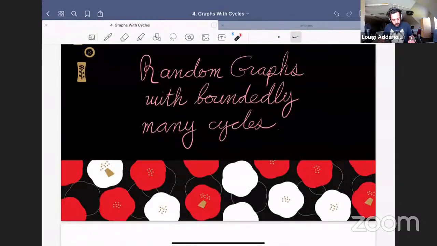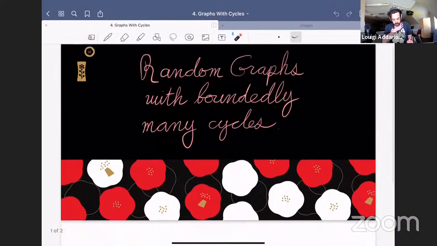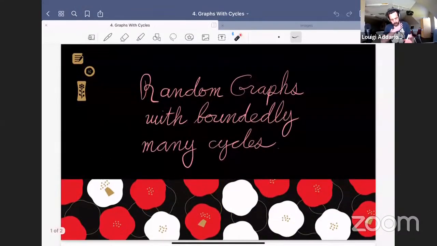So we'll move on to graphs with cycles now. We're going to be looking at graphs, if you can read my cursive, with boundedly many cycles.